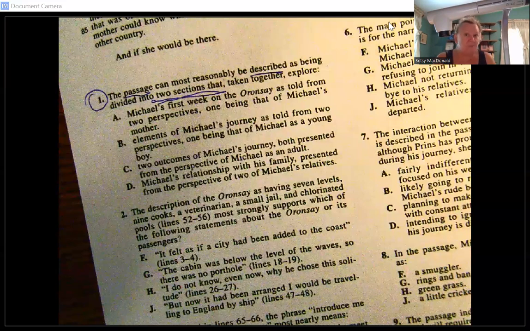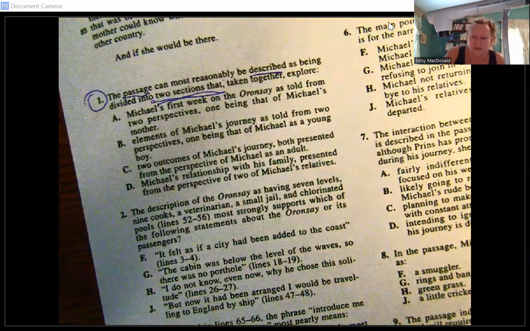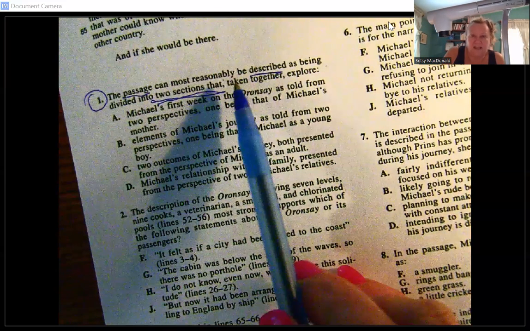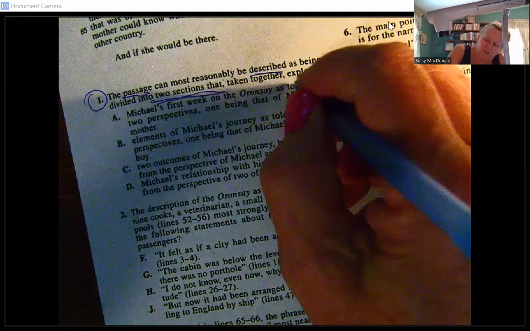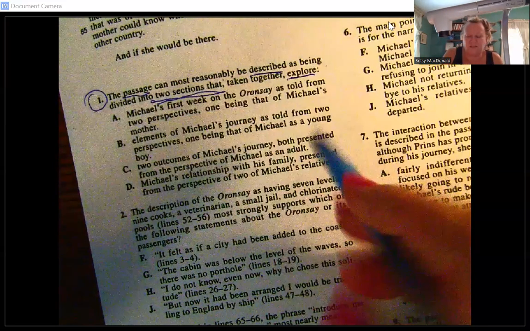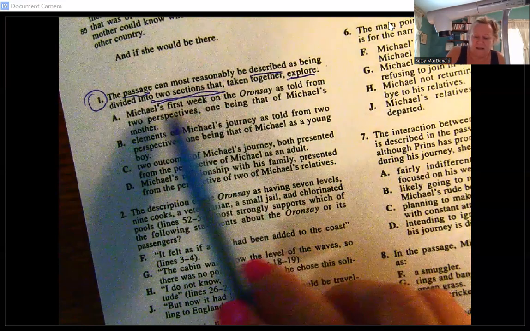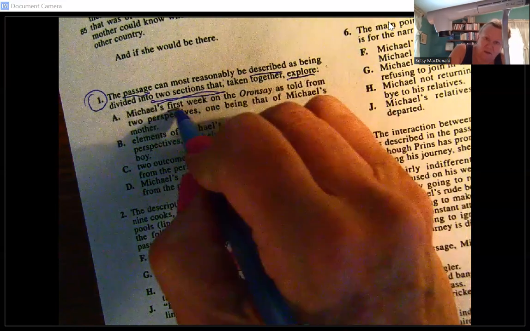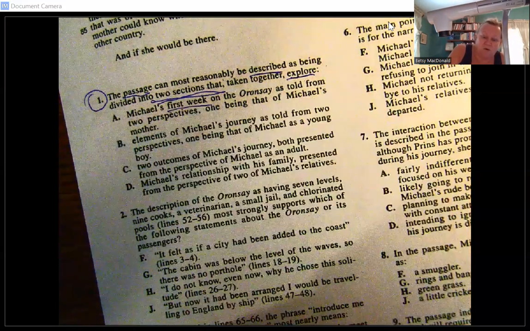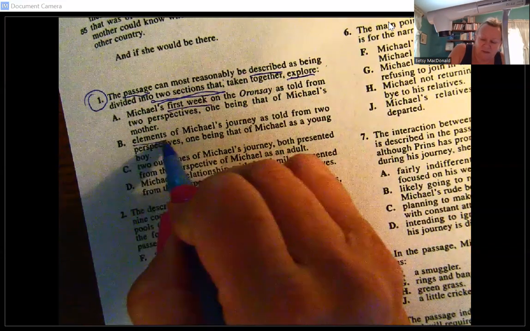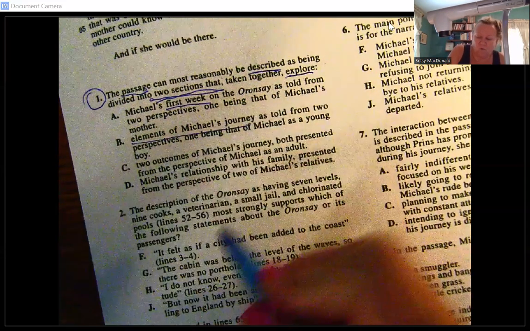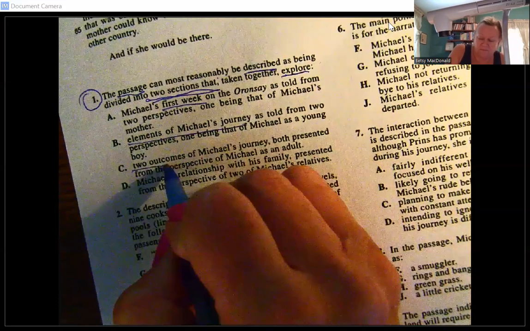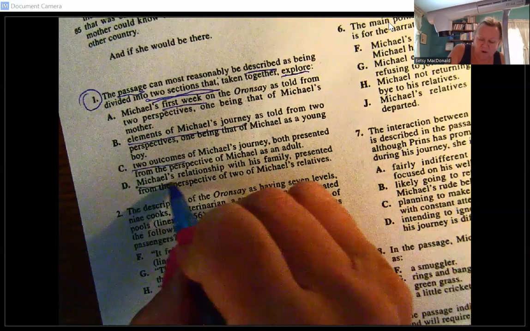We don't even see that yet, but we're going to take their word for it. Taken together, explore. Okay, these 2 sections explore Michael's first week, or elements of Michael's journey, or 2 outcomes, or Michael's relationship.